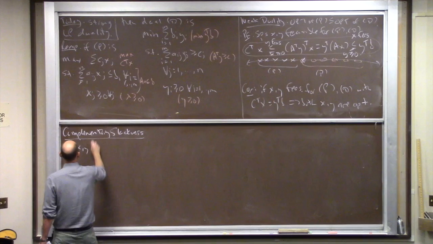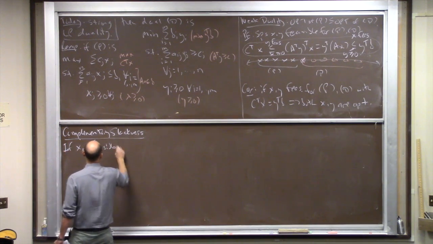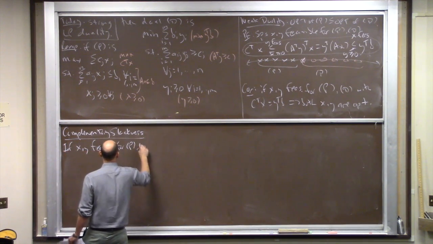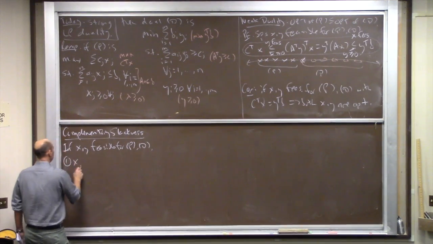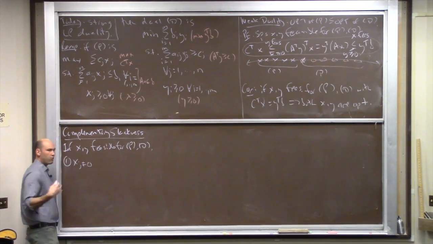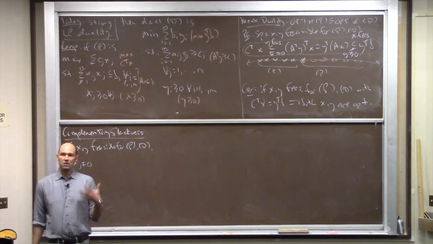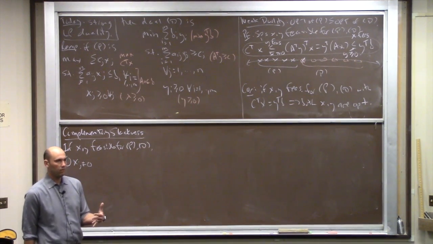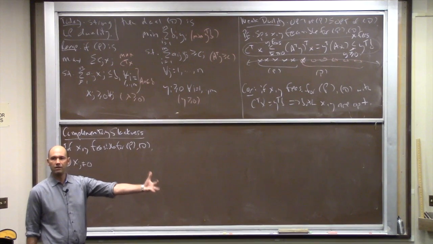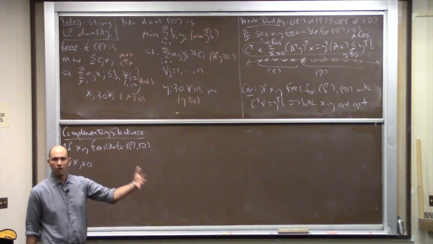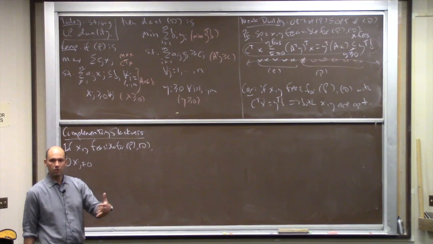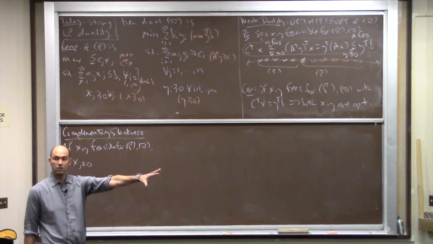So again, suppose you have x, y feasible for the primal and dual respectively. And suppose it's the case that over in the primal, the only time you give a non-zero value to a decision variable is when the corresponding constraint in the dual is tight, meaning holds with equality. So remember, every variable in the primal corresponds to a constraint in the dual.